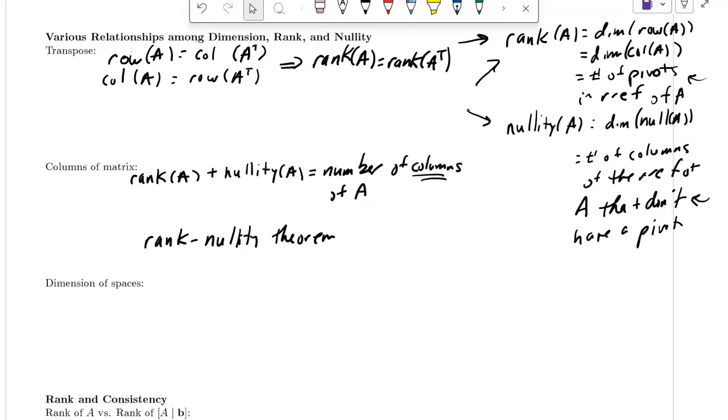If I move to a different column, I have to move to a different row to get another pivot. So I can count pivots in columns or rows, they always have to be the same. But for this theorem, I'm looking at free variables, so I have to look at the columns without pivots to get the nullity. That's why I'm concentrating on the columns. But for the rank, it doesn't matter if you count pivots in columns or rows, it's the same every time.